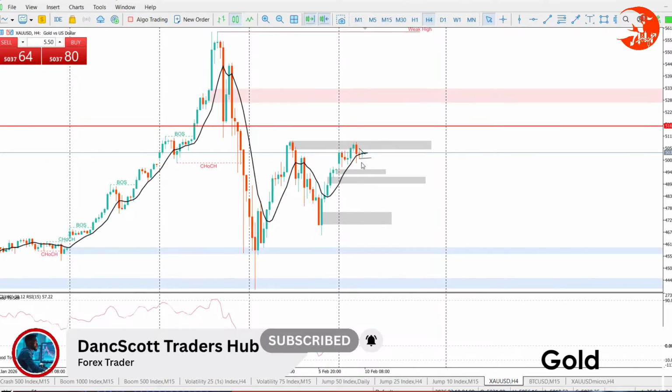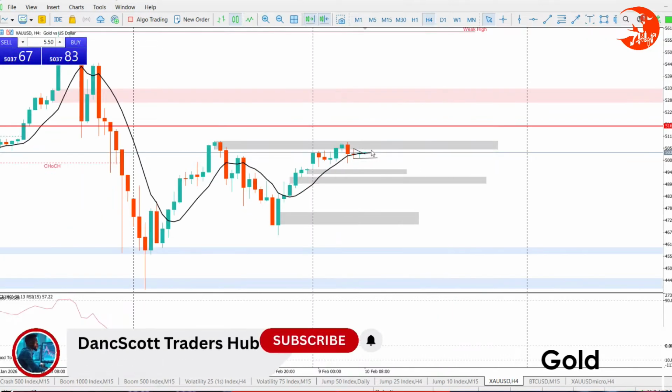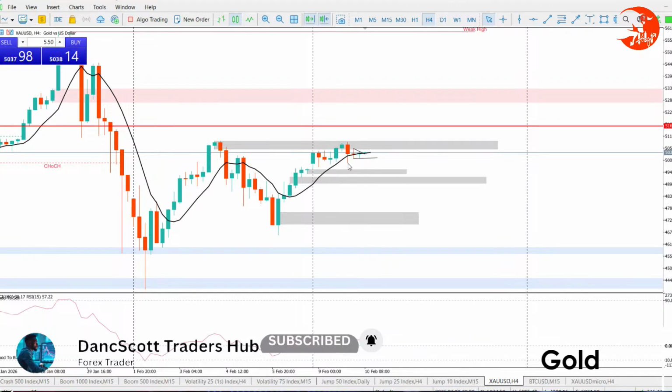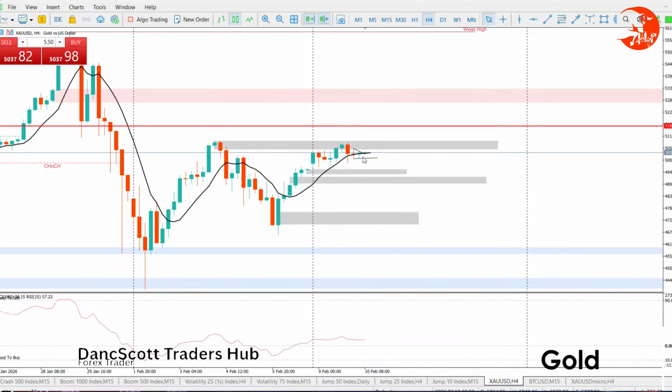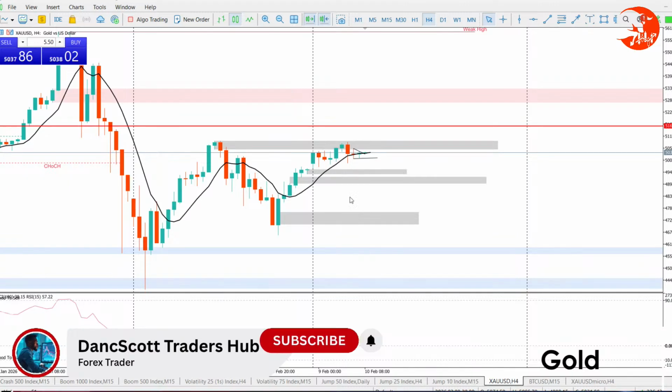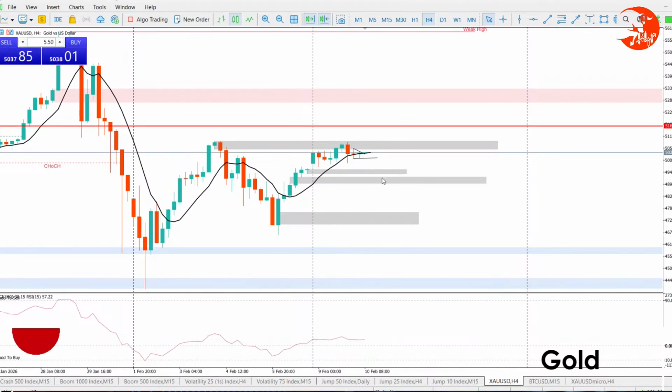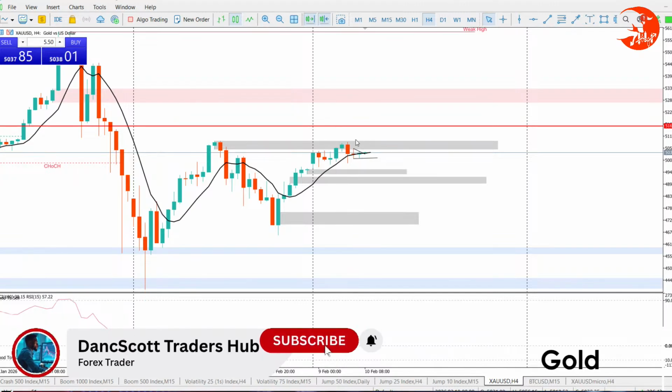Yes, we've seen doji candles there on H4, which shows us indecision in the market. Sellers are not ready to sell, buyers are not ready to buy because there is a support here. I get the frustration of why sellers are not entering sells, because there is no liquidity to confirm the selling, the reason why the selling should happen.